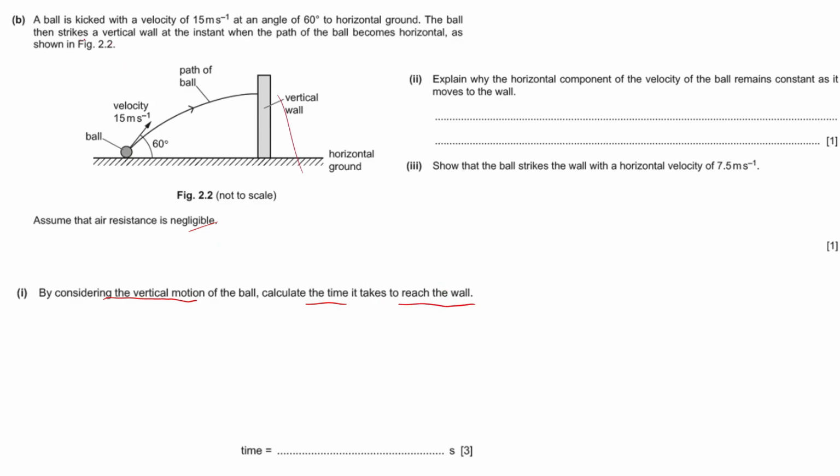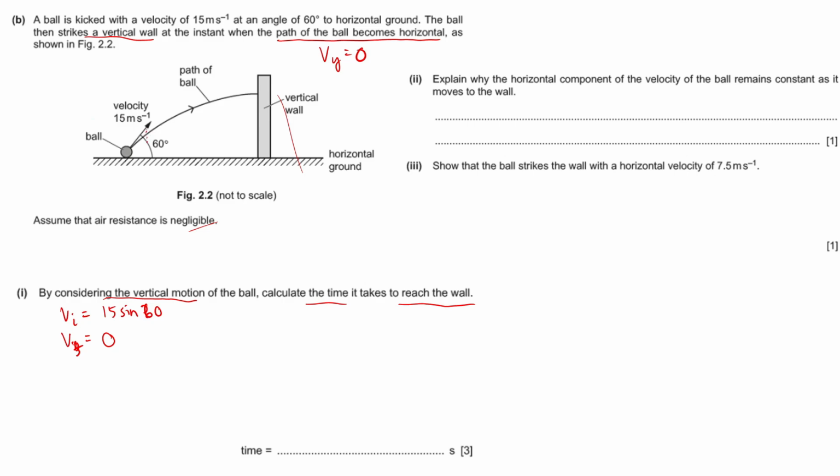So we're given that when it strikes the vertical wall, the path of the ball becomes horizontal. This means that v of y is equal to 0. So we have our initial and then we have our final. This is 0, and our initial is going to be 15 multiplied by sine 60, sorry, not sine 30.